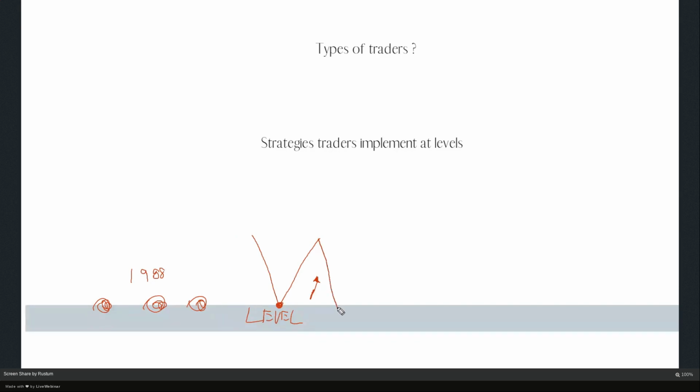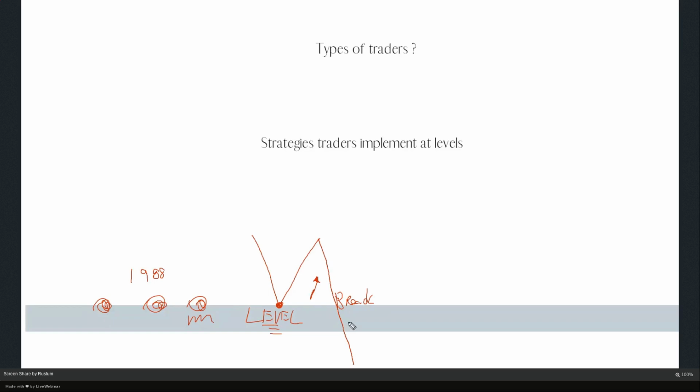And then you get another sort of trader who's looking at breakout. So we have 2 sorts of traders at the level so far. We have a level trader, he's interested in trading that level. And then you have a breakout trader. He's hoping that it breaks through this level.